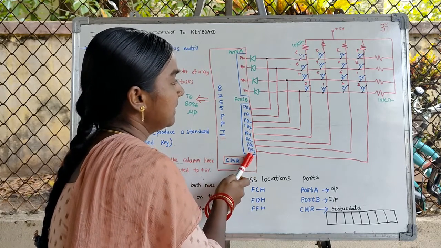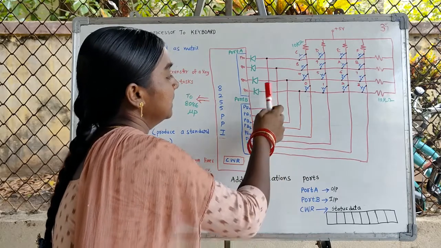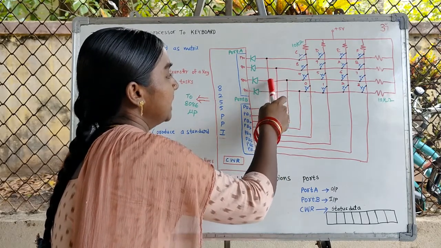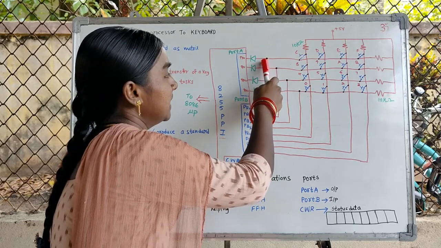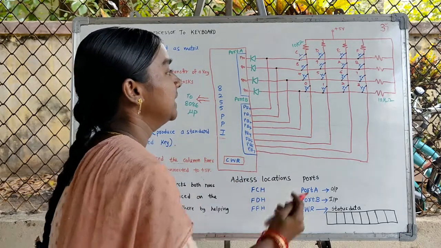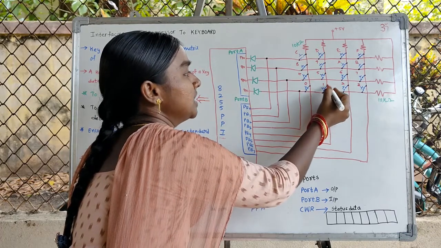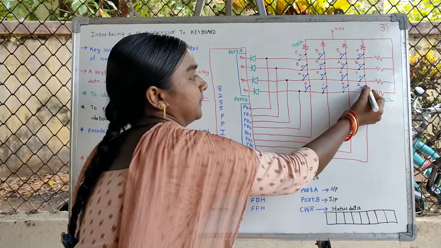PB4 to PB7 are directly connected from the column side, and PB0 to PB3 are connected from the port A lines. That means the connection is made at the diode anode side. The connection is indicated only by the dots; the black dots show the connection of each switch.